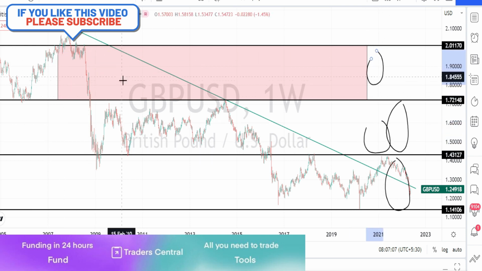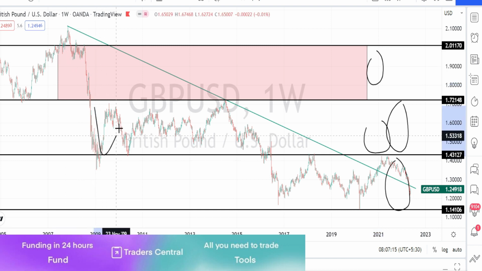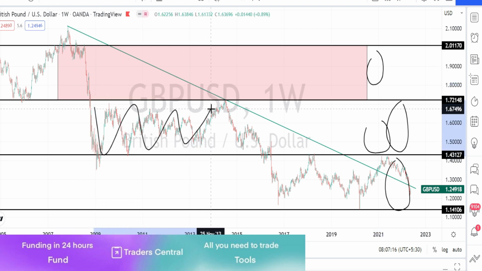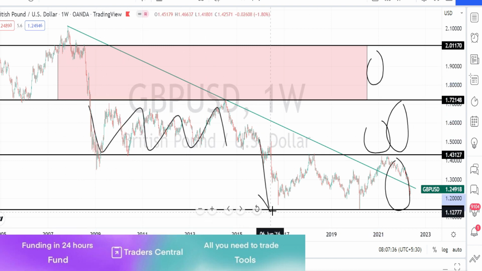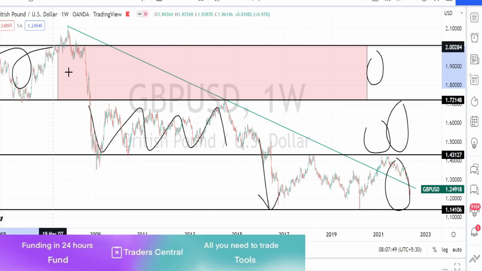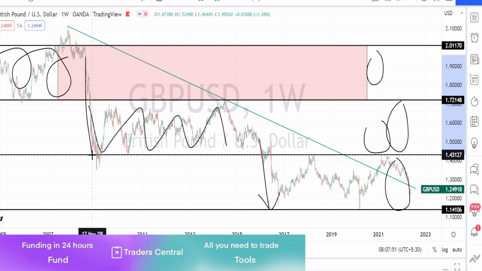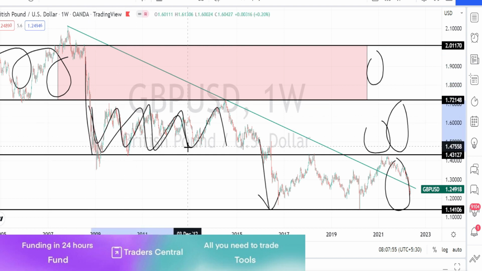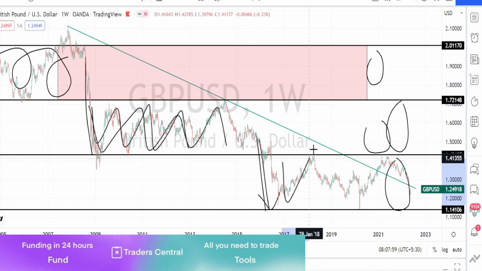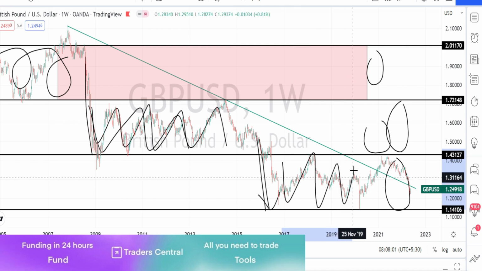So from this analysis we can understand that price action trades in a range for a while, then it makes a sharp directional move. Previously it was trading in this range, then it made a downward movement. Again it started trading within this support and resistance area, and again it went on a downtrend and started trading sideways within this resistance and support level.